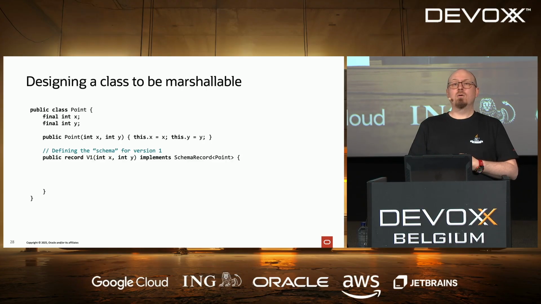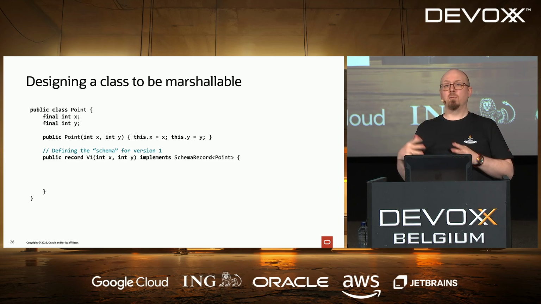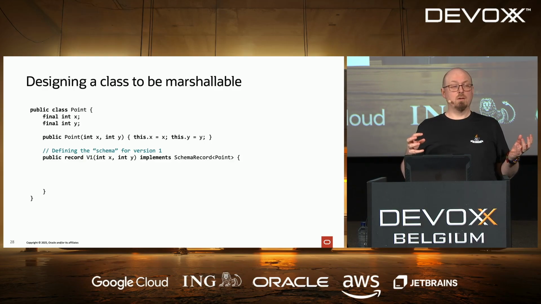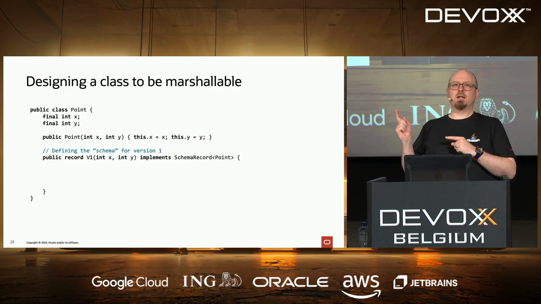And then we say that this is a structural representation, a schema record for point. And I can derive the schema from this record definition. That would be nice, because I don't have names for the parameters of the constructor, because those are not reified unless you compile with dash parameters, and those will be reified for the entire compilation unit. So this is now a way of saying that this is what my structure looks like for version 1.